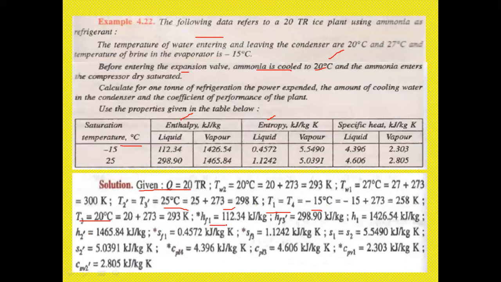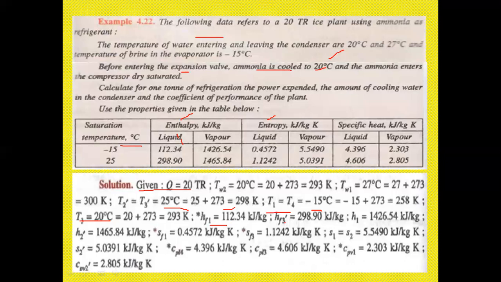Next, HF1 is equal to 112.34, HF3 is equal to 298.90.